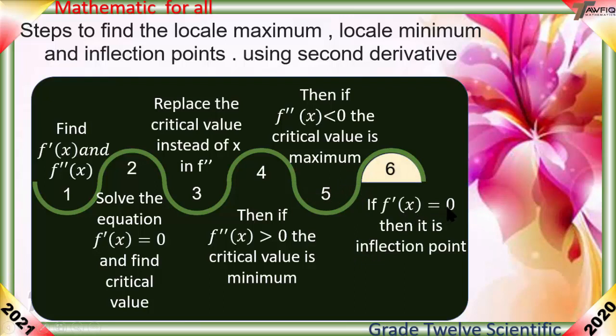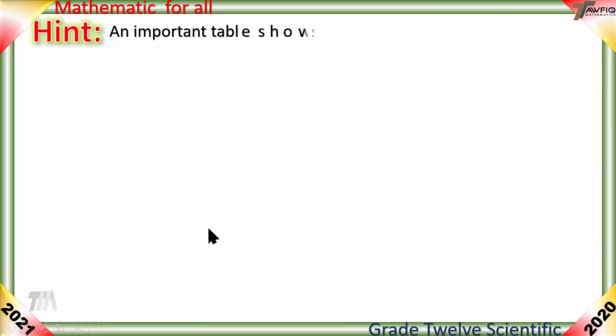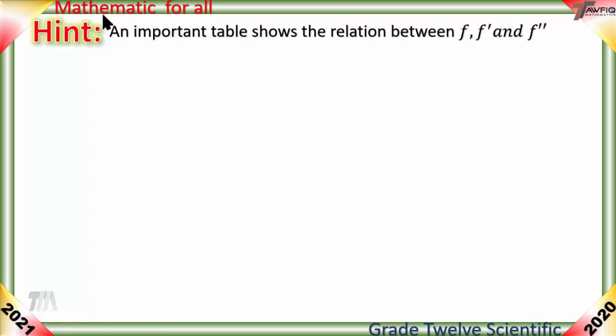But if it was 0, then the test has failed, and we can use the first derivative to find if it is a local maximum or a local minimum. But almost all times this kind of point is an inflection point. Hint, be careful, I will give you a table which is very important to know the relation between f and f prime and f double prime.